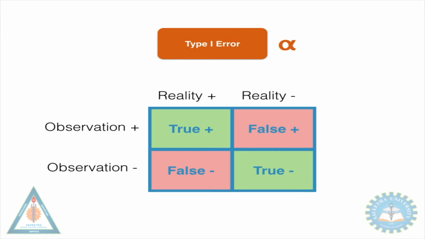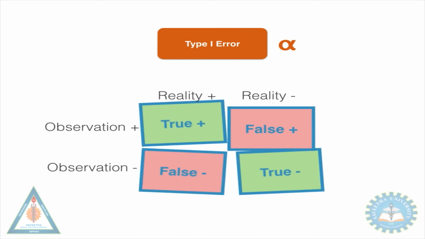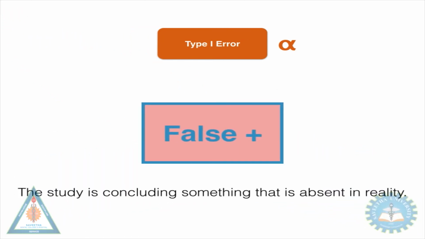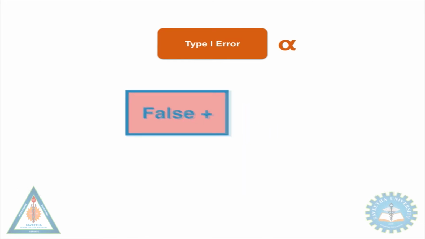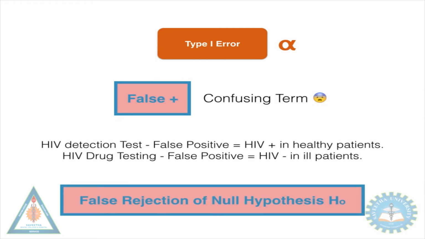In alpha error, we primarily focus on the false positive result. A false positive result is the study concluding something that is absent in reality. It is usually considered a confusing term because the term false positive may vary according to the type of study. If your aim is to detect the presence of HIV in a patient, a false positive would be detecting HIV in a healthy individual.